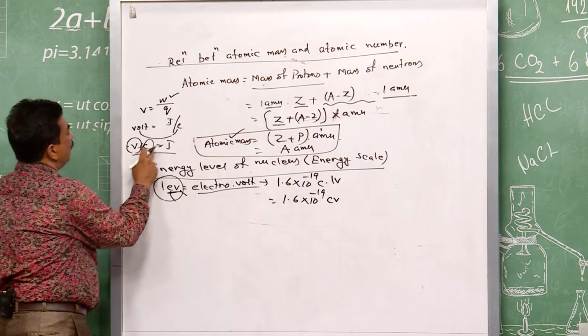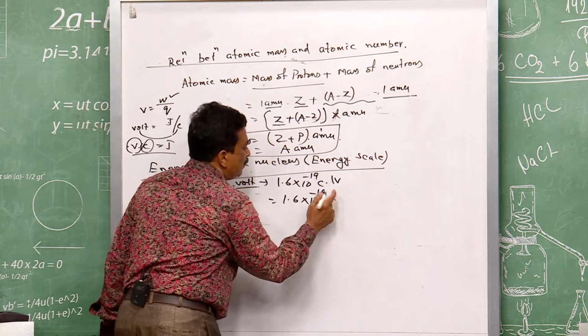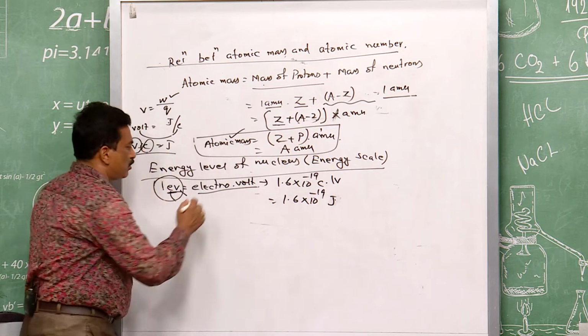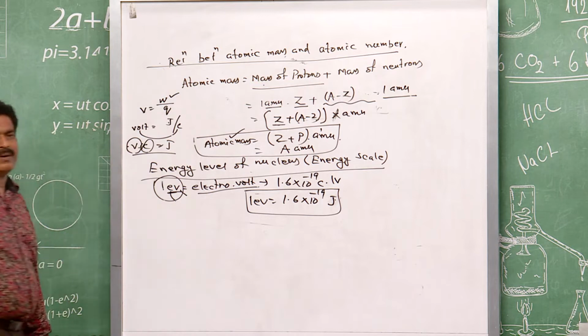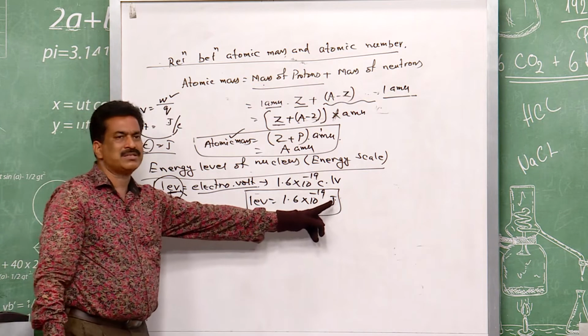Coulomb into volt is equal to joule. So 1 eV is equal to 1.6 into 10 to the power of minus 19 joule.